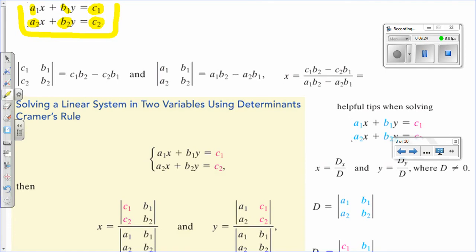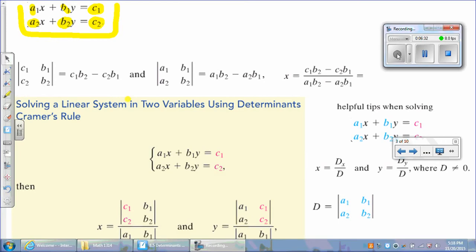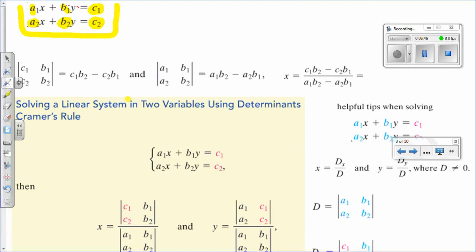So we're going to try to solve the system by elimination. What I'm trying to do here is cancel the variable y. But if you notice, the coefficients are b sub 1 and b sub 2. So they are not the same coefficient and they're not opposites.